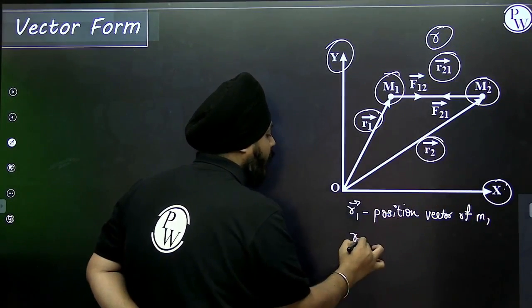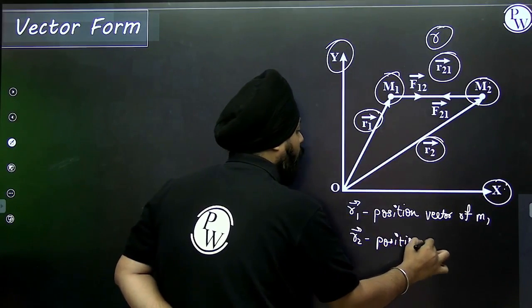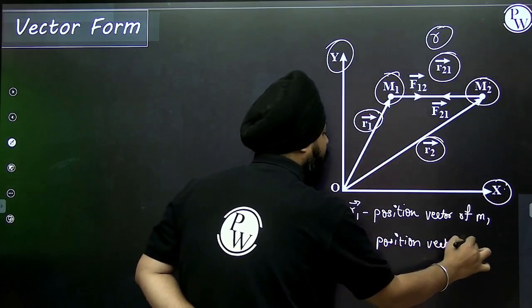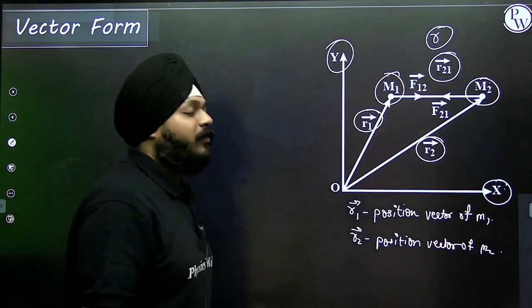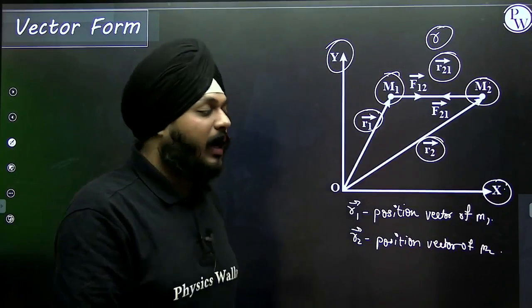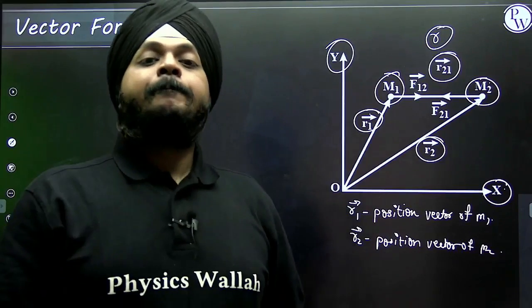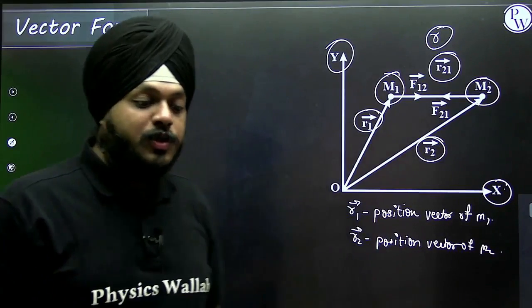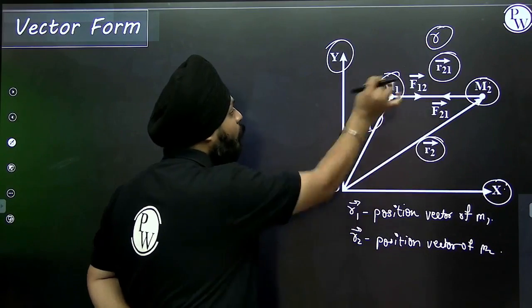Similarly, R2 is the position vector of particle of mass m2. So this is R1, this is R2.